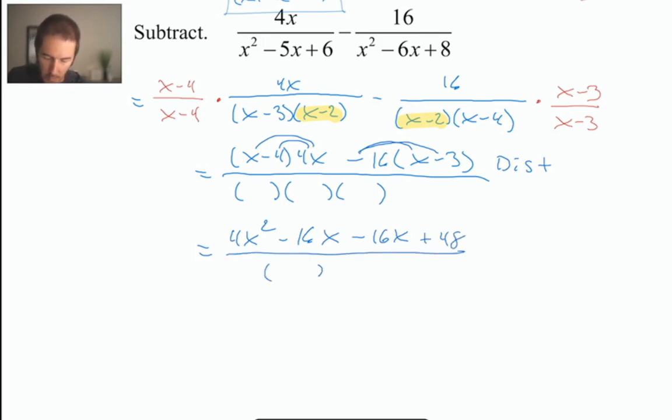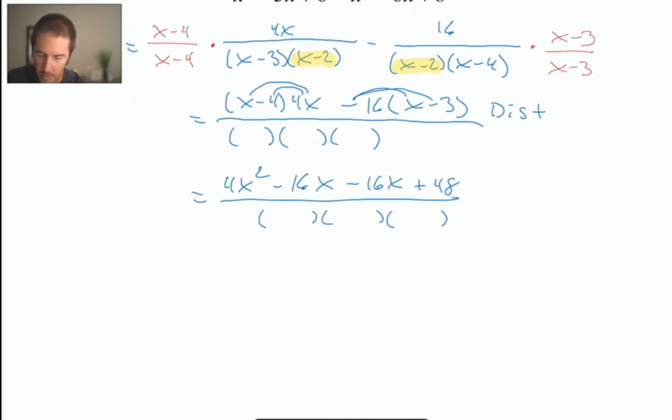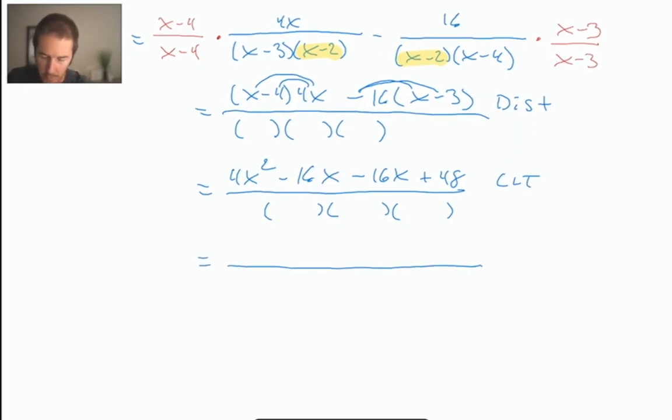All over, my common denominator is still there. Don't worry, we're not going to let it wander off. Now let's combine like terms. In the numerator, these two middle terms of negative 16x are going to combine, so we have 4x squared minus 32x plus 48 all over our common denominator.